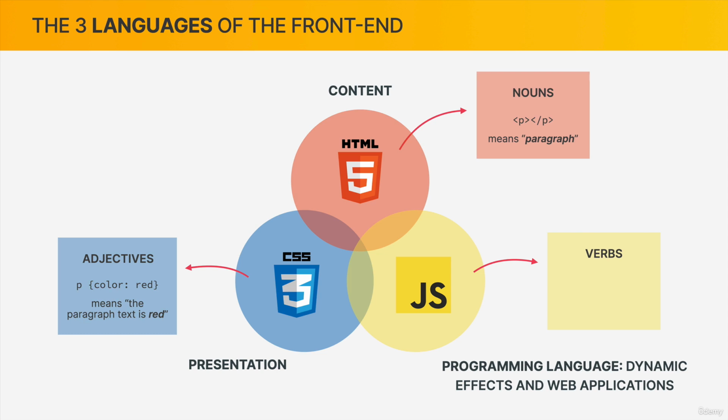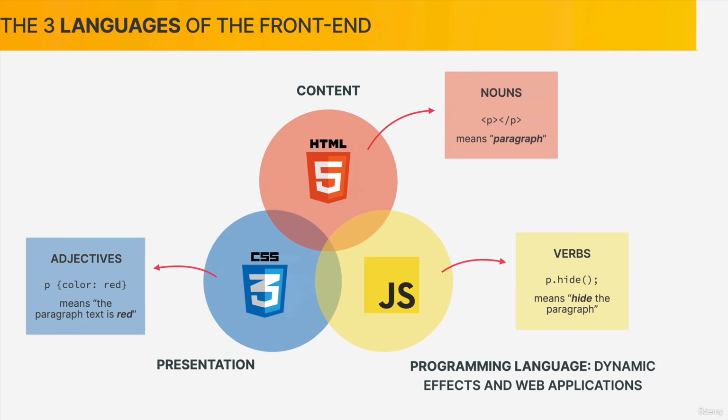And so red is the adjective describing the noun. All right. Finally, JavaScript is of course the verb, like saying hide the paragraph. So we're actually doing something here. And so we have a verb. Okay? Does that make sense? All right. And with this, we finish our introduction to web development. And so we're now ready to start working with HTML and CSS code in this course.